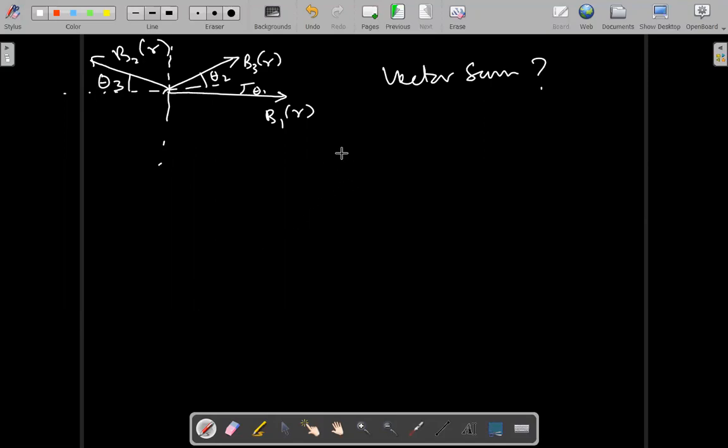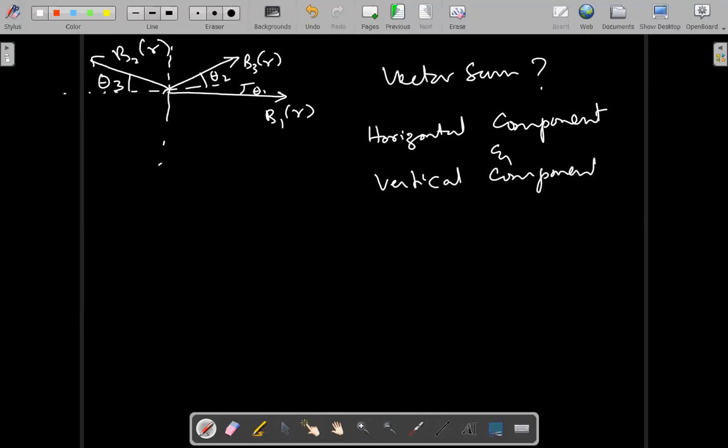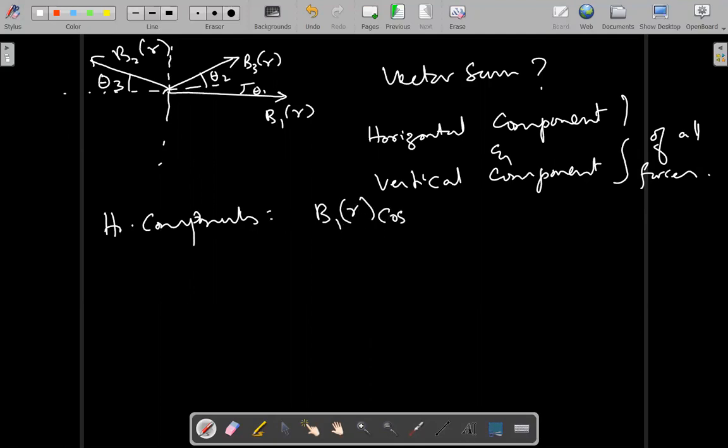Then we take the horizontal component and vertical component of all these forces. This is what you actually learned in 11th standard, but I'll complete it. So the horizontal components are B1R cos theta, B2R cos theta, B3R cos theta.